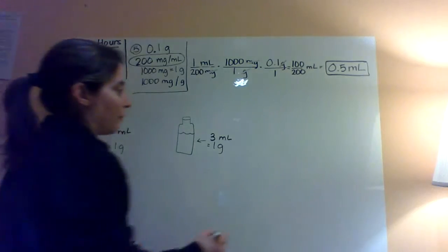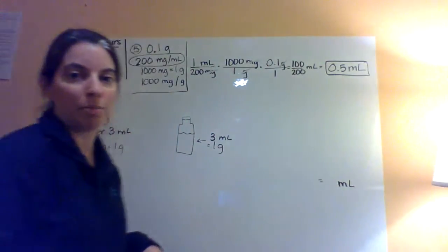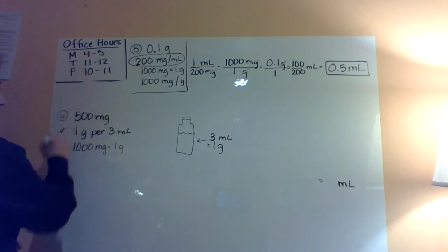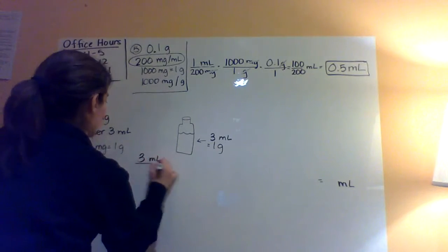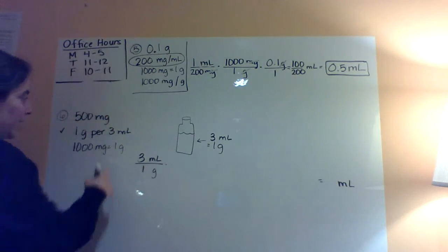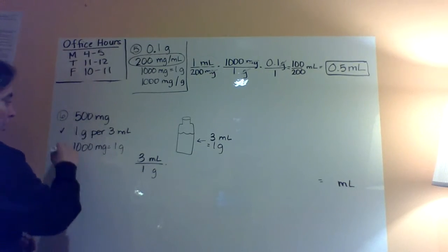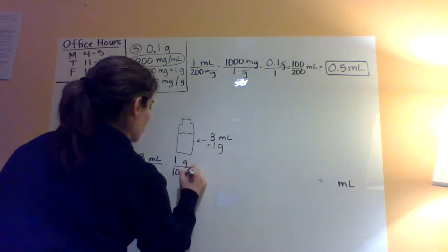So I want to know how many milliliters. So again, I'm going to start with something that has milliliters over here. It's going to be this guy, and the milliliters are going to be on top. So 3 milliliters for every 1 gram. I don't want grams in my answer. I'm going to use this, so grams on top so they cancel out.